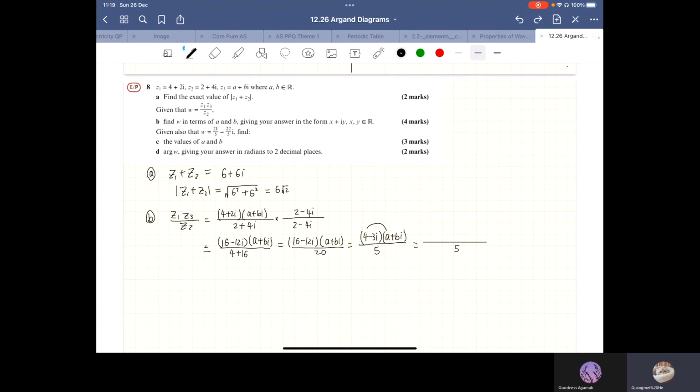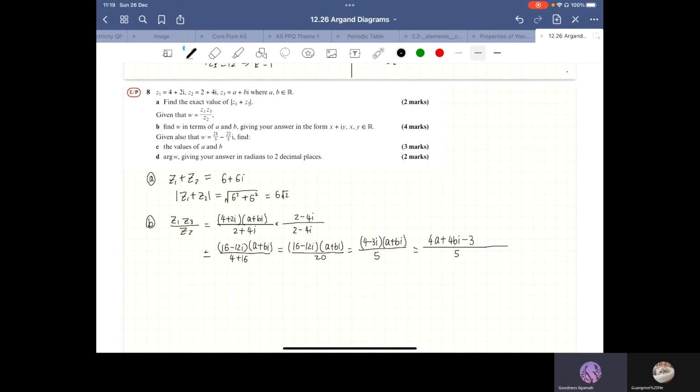Can you simplify it for me, please? 4a plus 4bi. Yeah, together. Minus 3ia. Yeah, 3ai. What else? Minus 3bi squared. That's it.